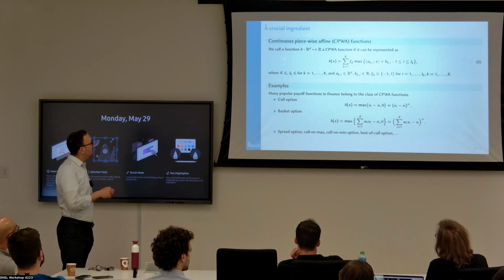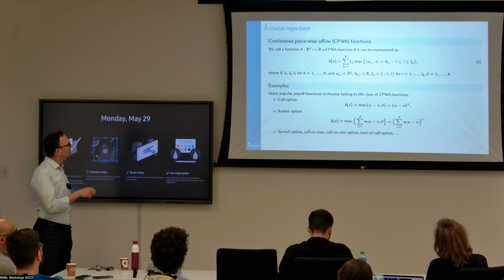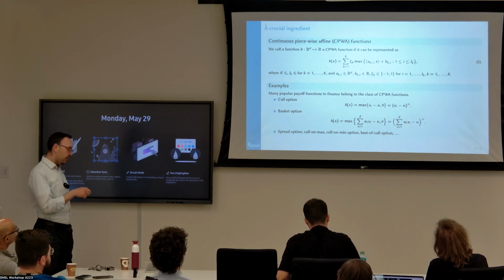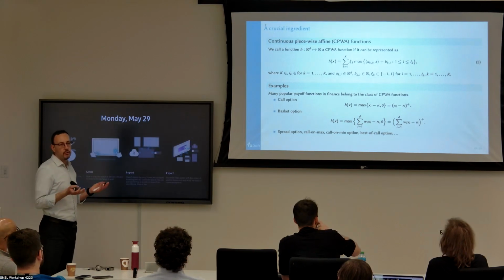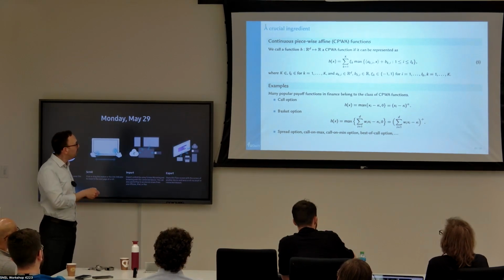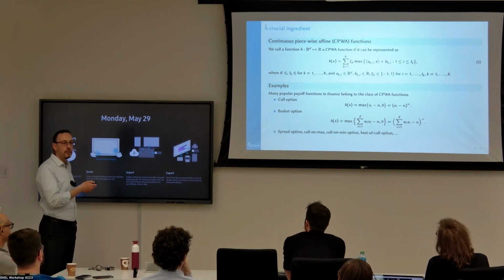Okay, now the way we make this work is we are going to restrict ourselves to continuous piecewise affine functions. This is a general definition of the continuous piecewise affine function. I think everybody has a clear view of what is a continuous piecewise affine function, and a lot of examples of traded derivatives fit in this class.